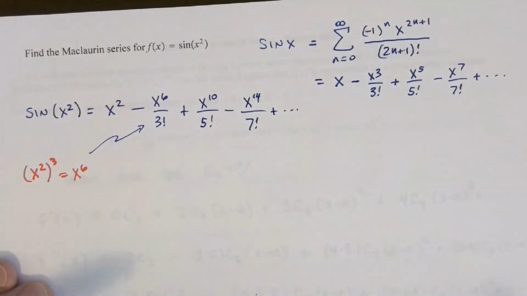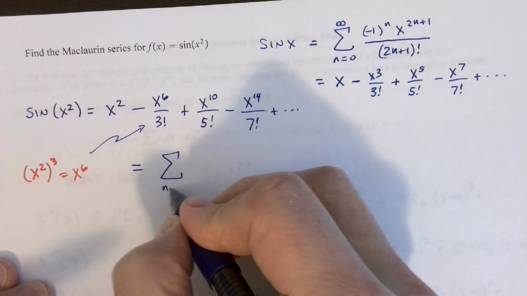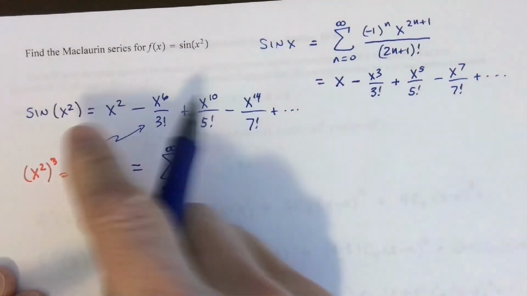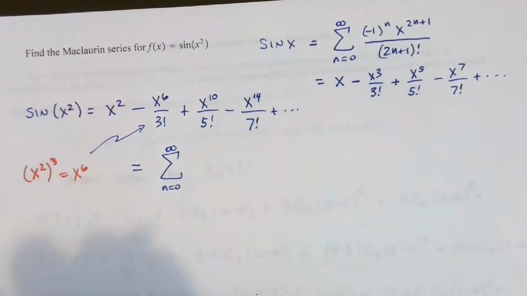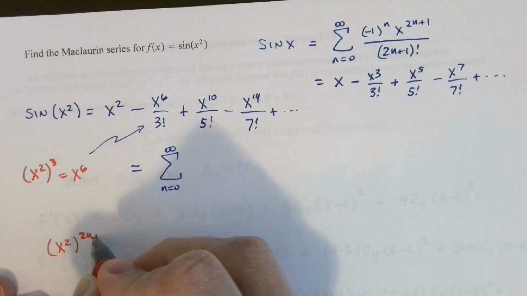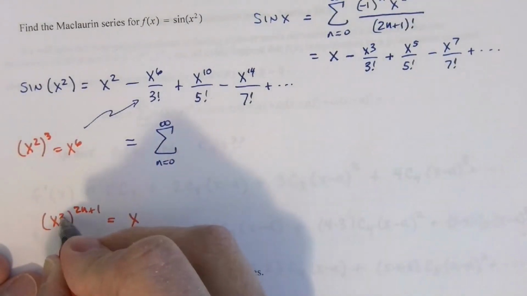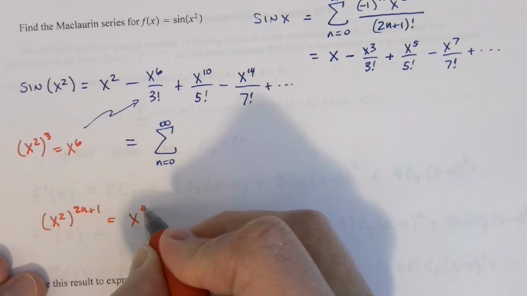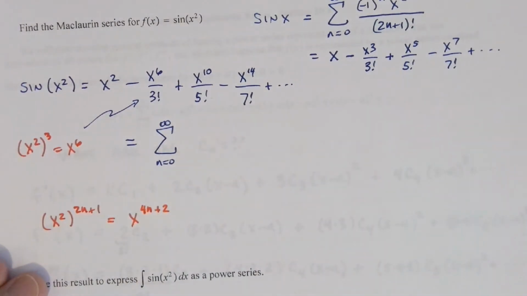Okay. Which is due in summation notation. Think about replacing x with x squared here. Right? X squared now to the 2n plus 1 power. What do I do? I multiply the powers. I get x to the 2 times 2n plus 1, which is 4n plus 2. Should distribute that through. So there it is.